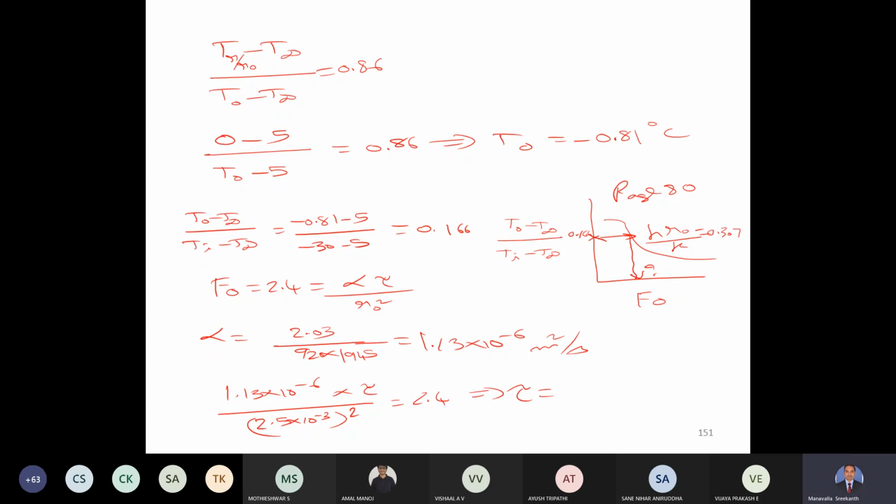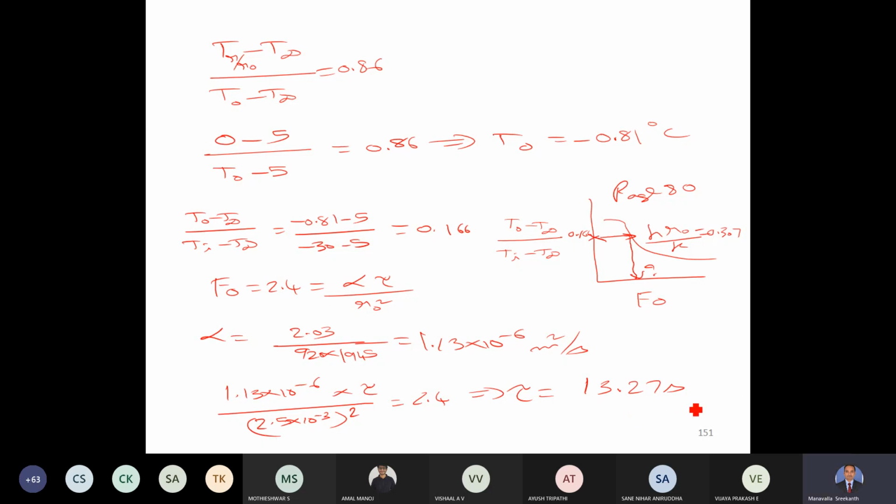What's the time here? Time is 13.27 seconds.